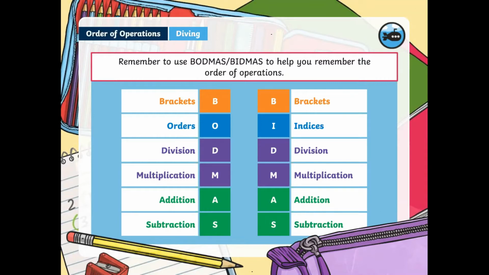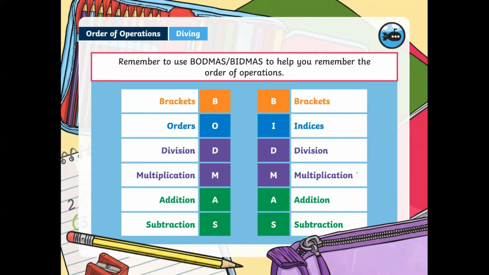BODMAS on the left is brackets, orders, division, multiplication, addition, and subtraction. And then on the right-hand side, it is kind of the same. The only thing that's different is orders becomes indices. I think that's how you pronounce it, sorry if that's pronounced incorrectly.